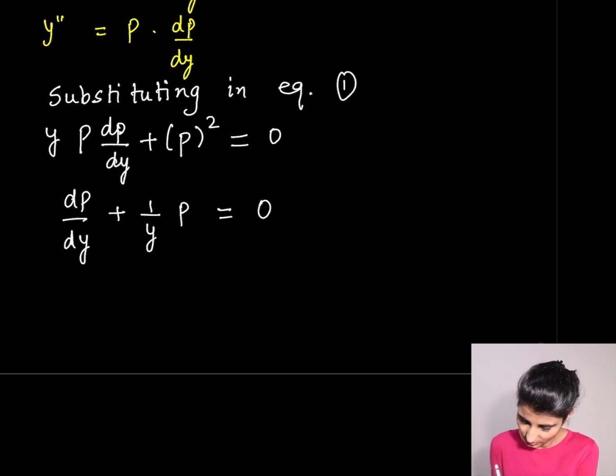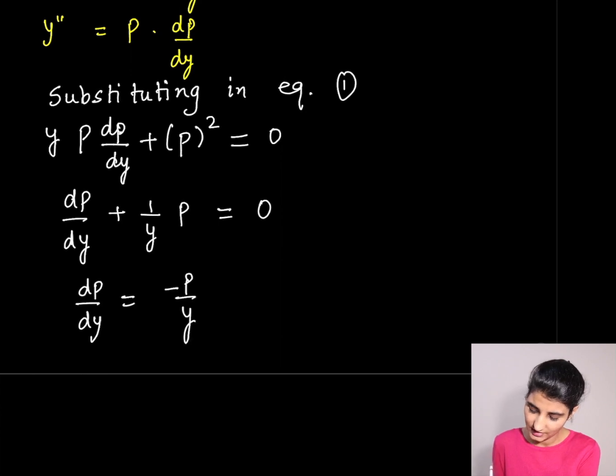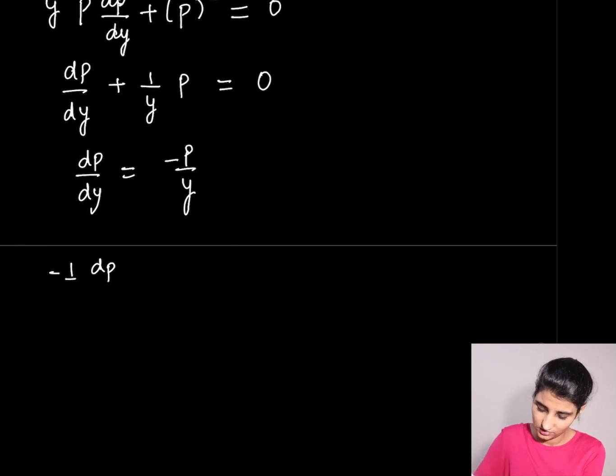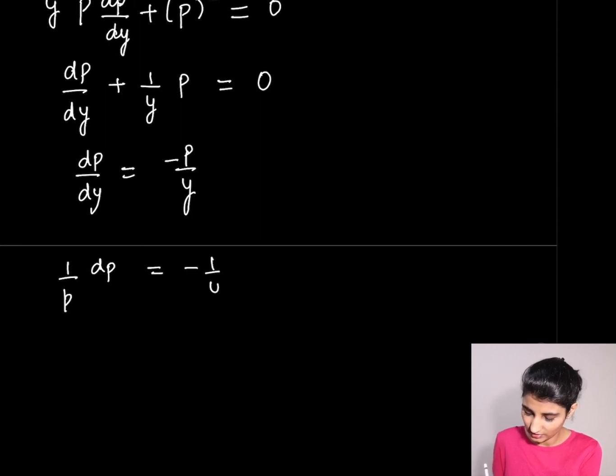So dp over dy is equal to negative p over y, so we divide by p both sides and we get negative 1 over y dy.